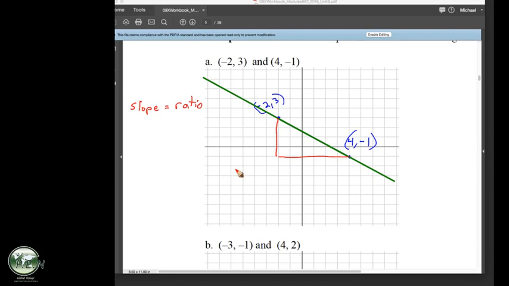So to fit with the way the books do it, everybody's decided on the y's on top, the change, and we'll use this little triangle. That's a little math symbol for change. It's actually a Greek letter, delta, and they use delta for change.